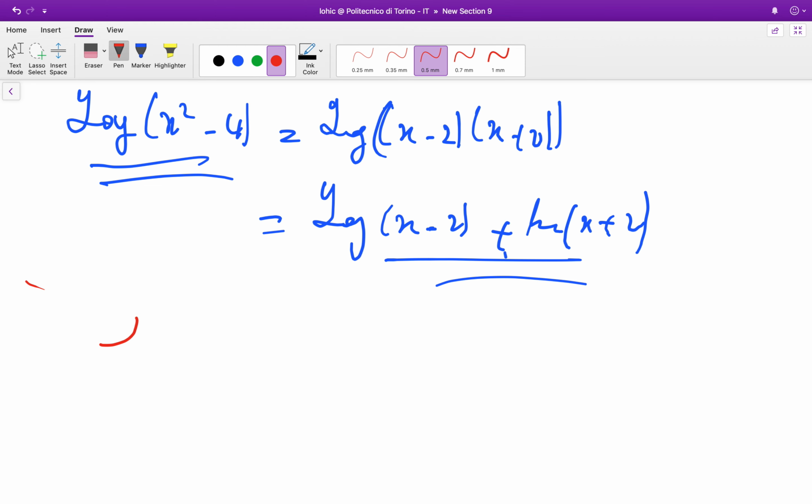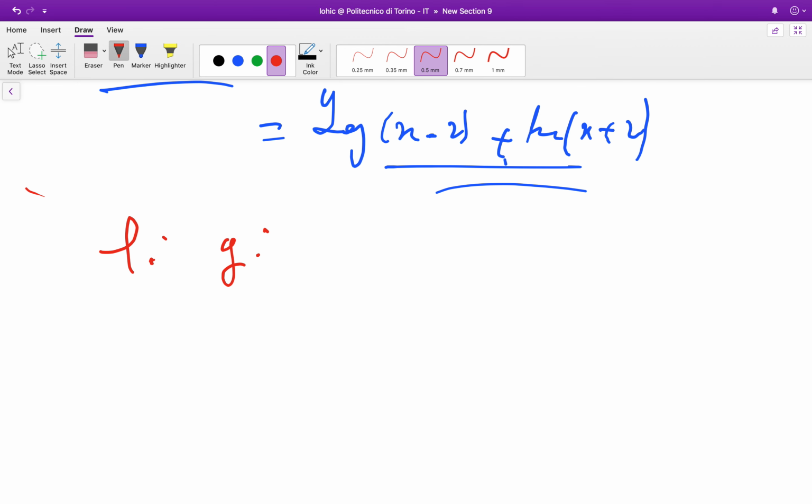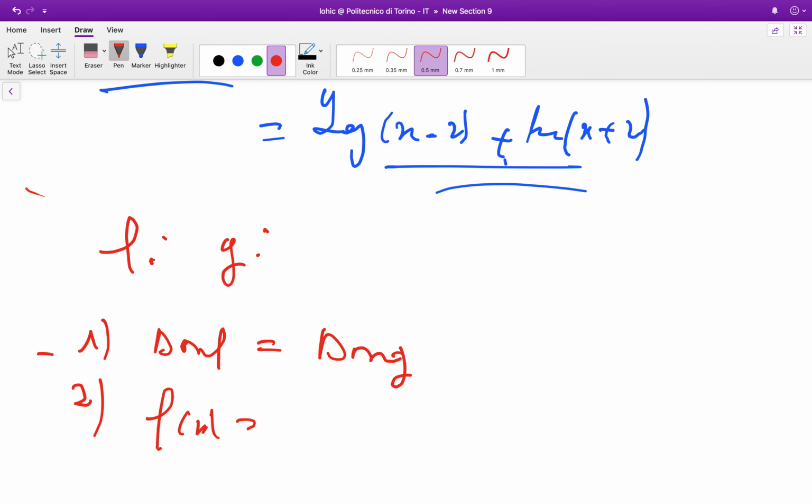So suppose that I have a function f and another function g. For them to be equal, there are two conditions. The first condition is that the domain of f should be equal to the domain of g. Is that clear? And the second condition is that f of x should be exactly the same thing as g of x, for all x in the domain.